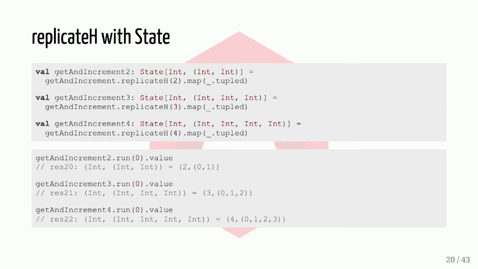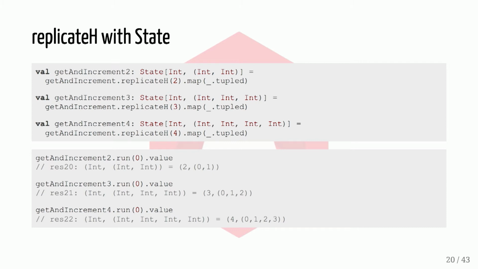Let's throw ReplicateH at it. So I have a few different states here where all I'm doing is changing this from 2 to 3 to 4, and there's a corresponding change in the result type from a tuple 2 to a tuple 3 to a tuple 4. When we run the one that replicates the effect twice, our output state ends up being 2 because we've incremented twice.